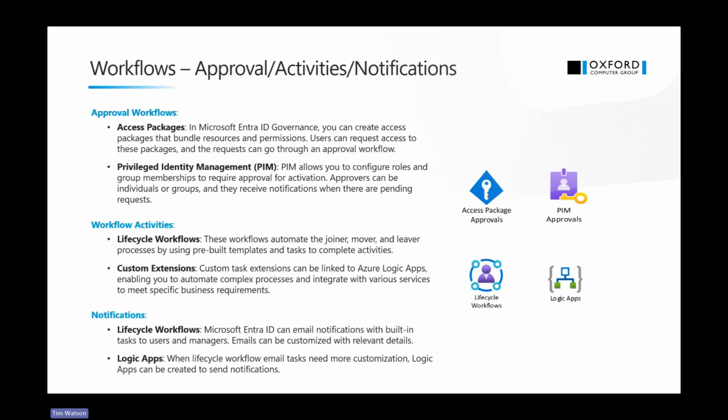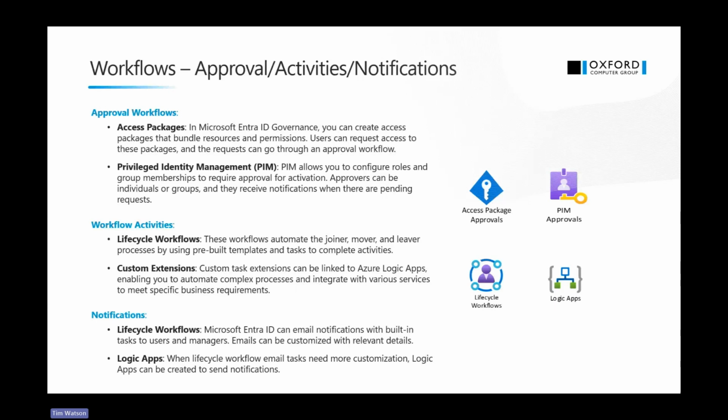So for approvals in Entra ID, access packages offer approvals. Privileged Identity Management, that offers approvals. So if you do need someone to approve a group, not just Azure roles or Entra roles, you can create a group and have it approved with PIM.